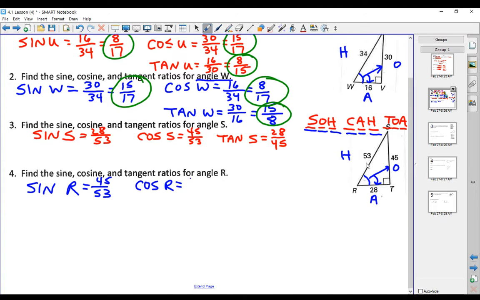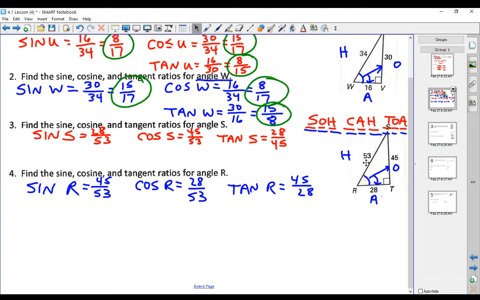The adjacent is 28. The hypotenuse is 53. That will not reduce. And then the tangent of angle R, the tangent is the opposite over the adjacent. That's going to give me 45 over 28. And that will not reduce.